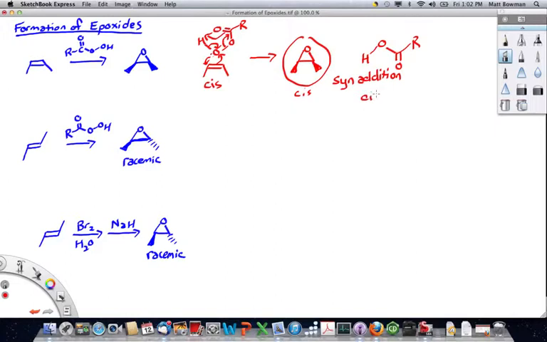Cis stays cis, trans stays trans. So, bottom case here, the mechanism is just the same.